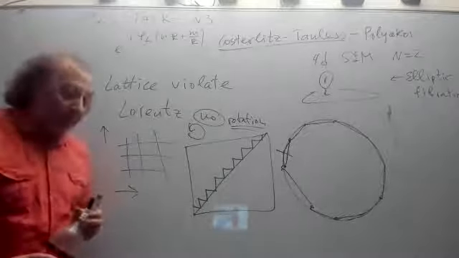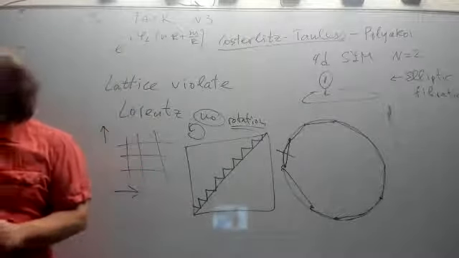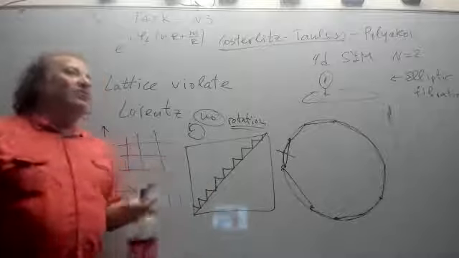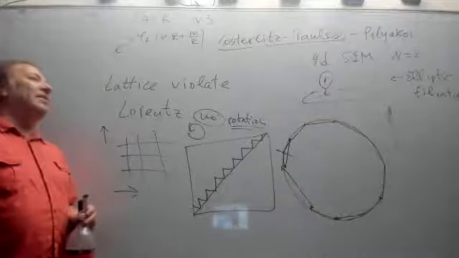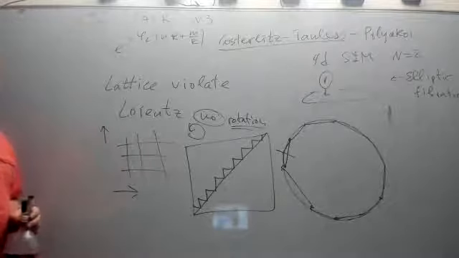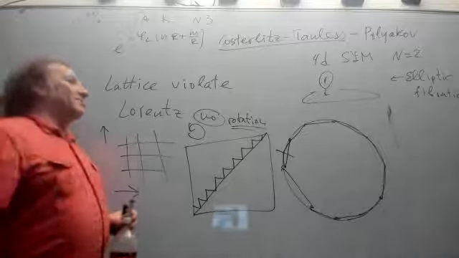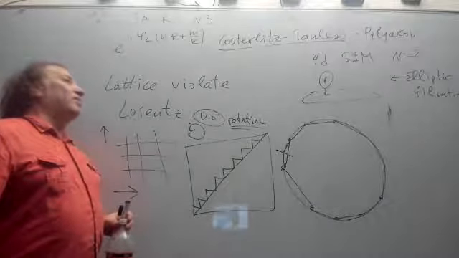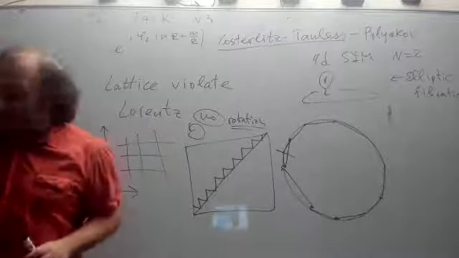And then after a 5 minute break, I'll explain what I plan to explain, namely the tropical particle and tropical Feynman diagrams. So now we will have a 5 minute break.